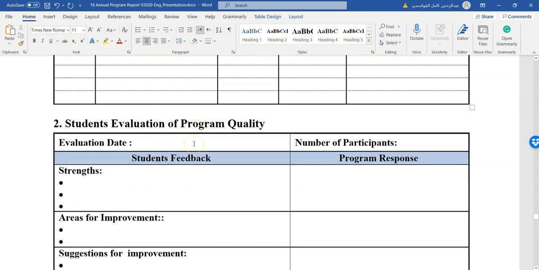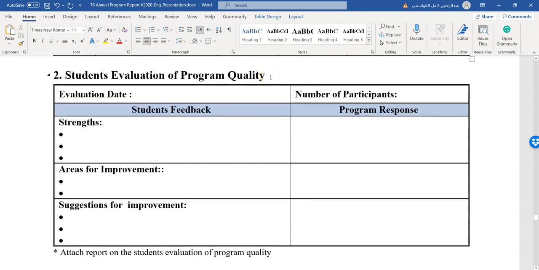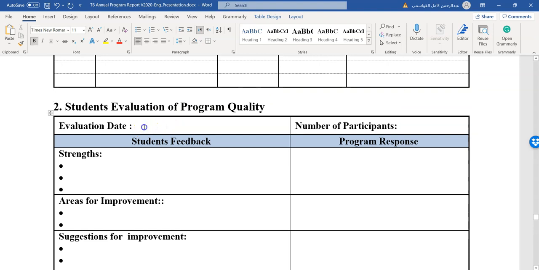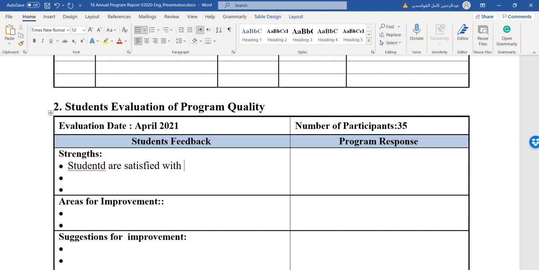Students evaluation of program quality. This is a survey, should be taken from the quality committee. Evaluation date, for example April 2021. Number of participants, for example 35. The strength, you can write the strength, for example, students are satisfied with learning resources.